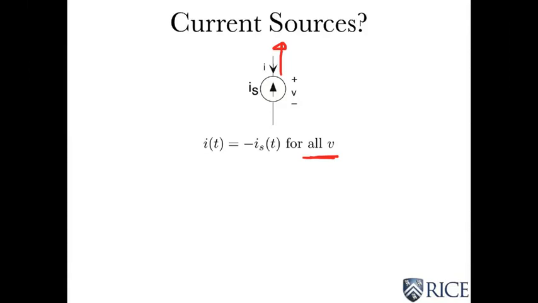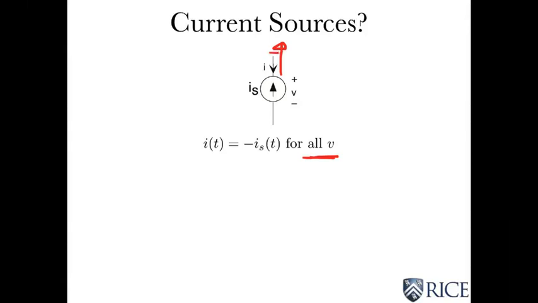Where do they go? If it's really open, the current source has a real problem. It has no place for the current to go. Remember, an open circuit does not allow any current, so it's inconsistent. So it's very hard to go to a store and buy yourself a current source that's sitting there like this.